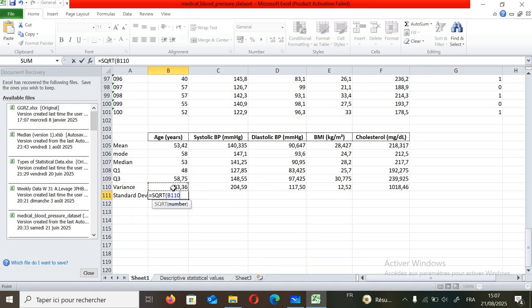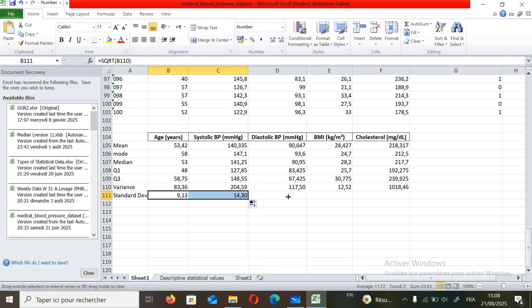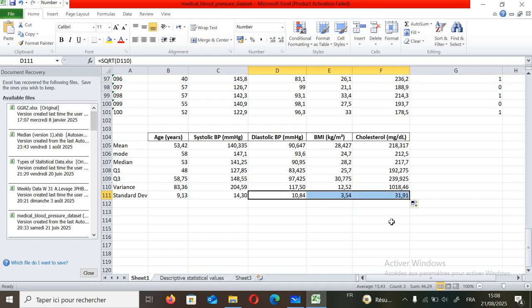Then we calculate the square root of the variance of the age, 83.36. It's 9.13. We can take only two numbers after the point. Generalizing, we get 14.33, 10.84, 3.45, 3.54, and 31.91, which is the standard deviation of cholesterol levels.